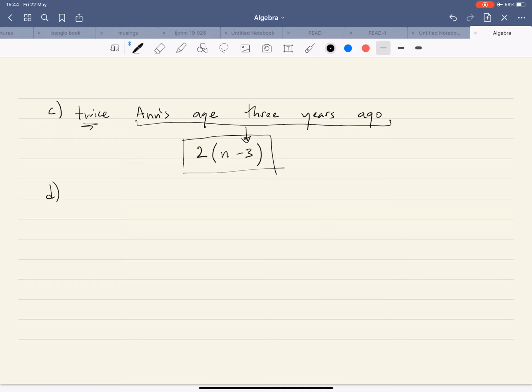And the last phrase that we're going to look at for Anne is David's age if the sum of Anne and David's age is 30.